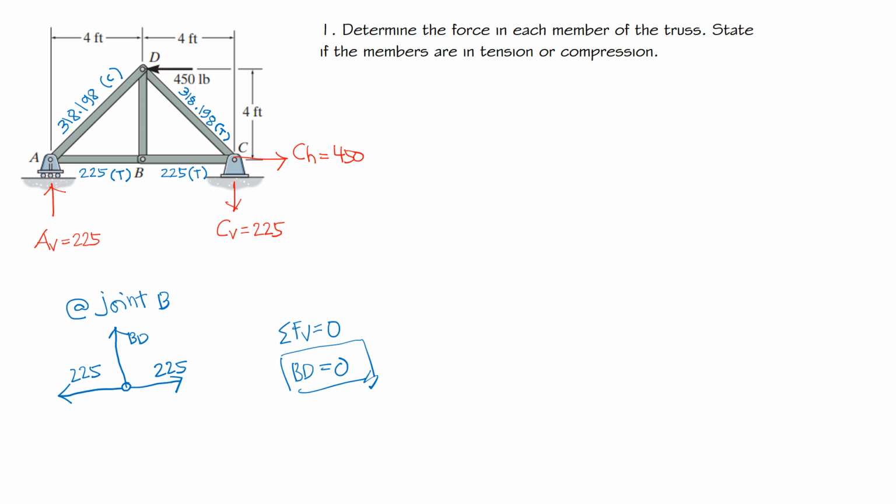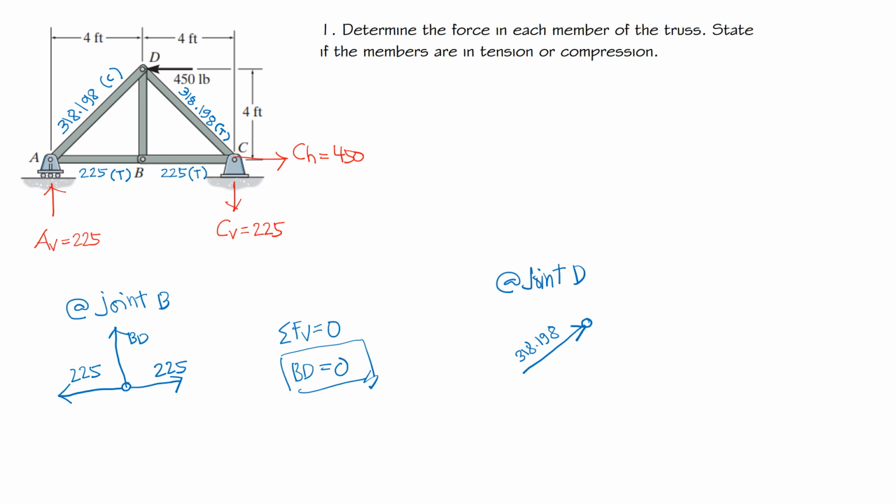So let's double check. What about considering at joint D? So this time we will check our answer if it is 0. So considering at joint D, we have force, this is 318.198 compression. So compression, so it's moving at point D, and that's 318.198.